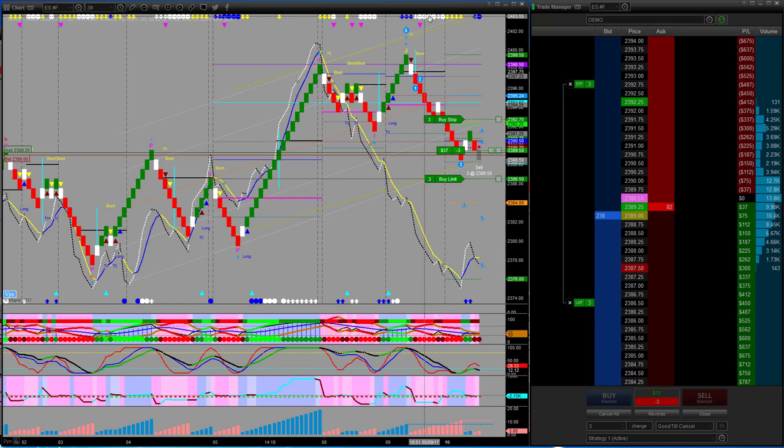But this indicator is totally based on volume. It measures volume flow in 3 time frames, and when there's synergy or confluence, it makes an arrow or a dot. If the dot or arrow is on top, it means the volume flows to the downside, and if the arrow or dot is at the bottom, it means the volume flow is to the upside.